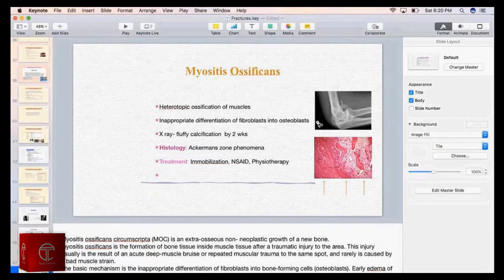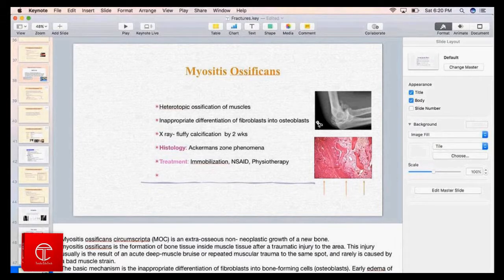It can affect any muscle in our body, and brachialis is the commonest one, and that condition is known as the fencer's bone. And sometimes the adductor of the hip will be affected, and that condition is known as the rider's bone because it was commonly associated with horse riders.